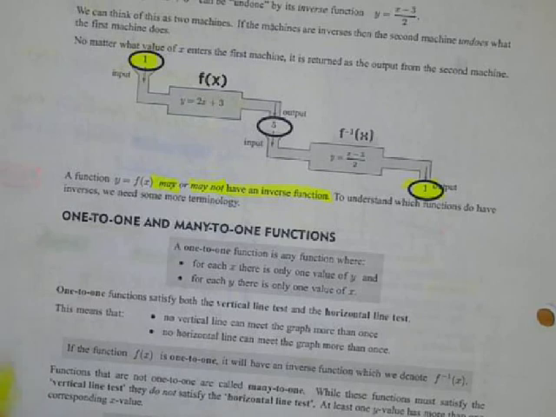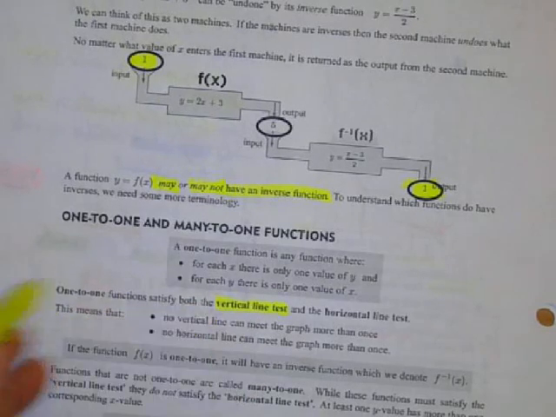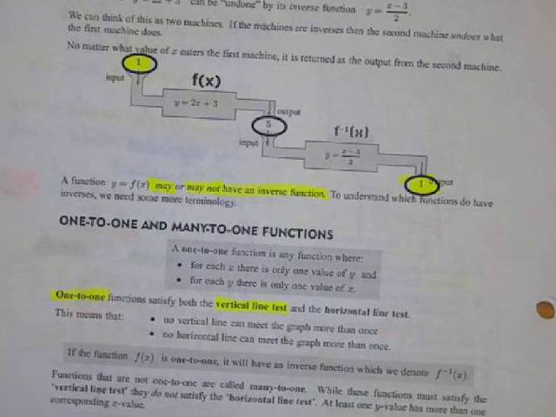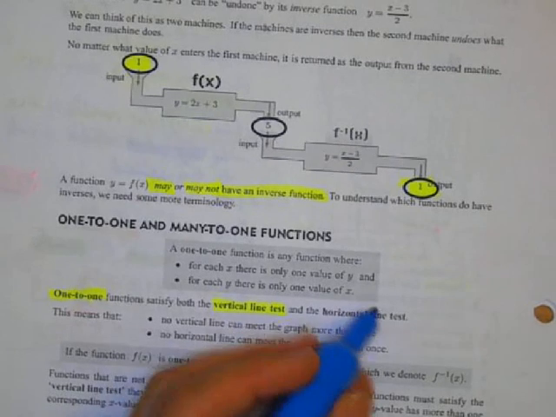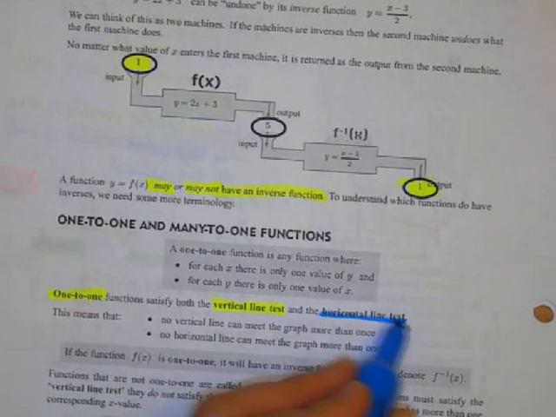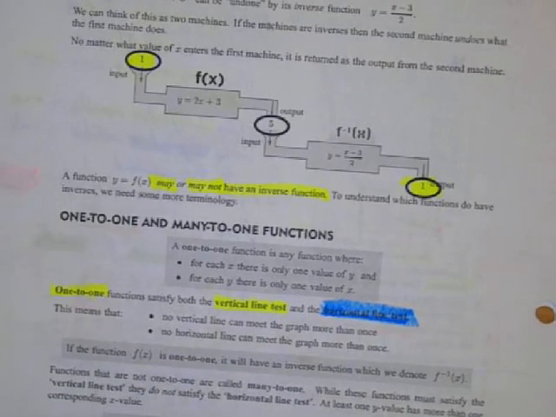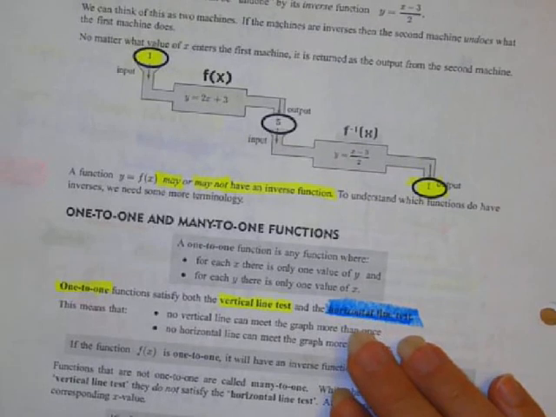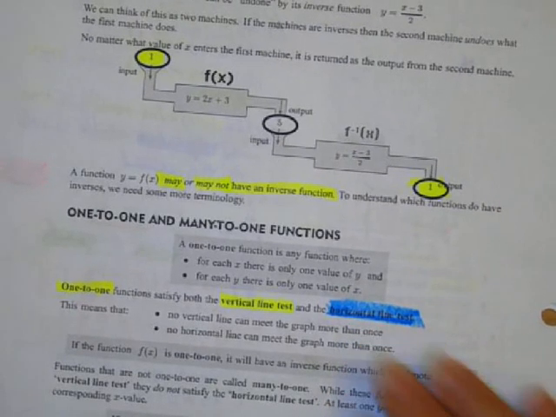So we've talked about the vertical line test for functions. But if you want the inverse to be a function, it needs to pass a horizontal line test.